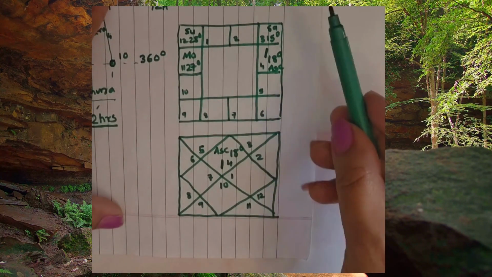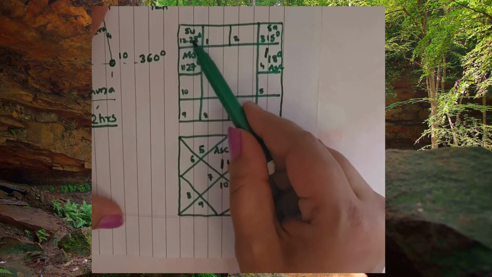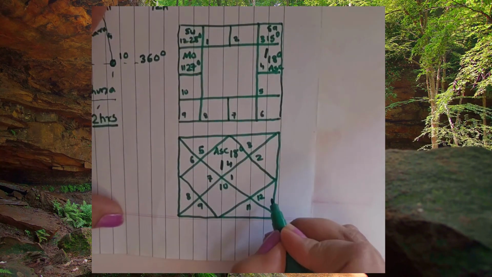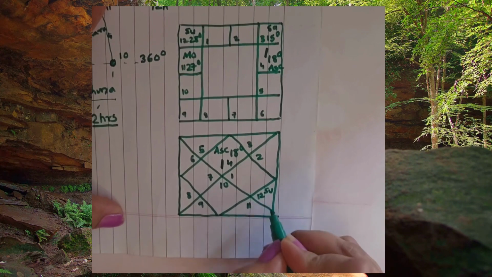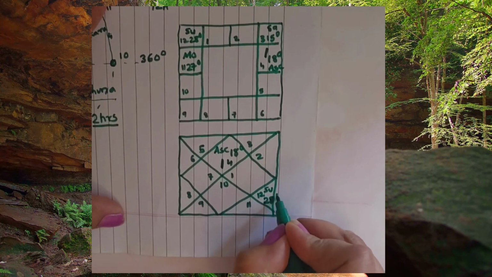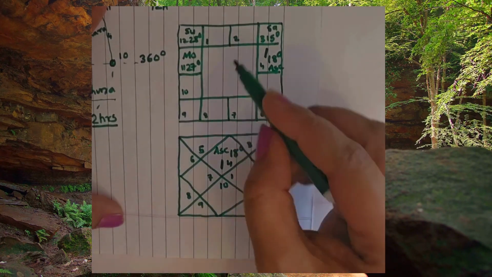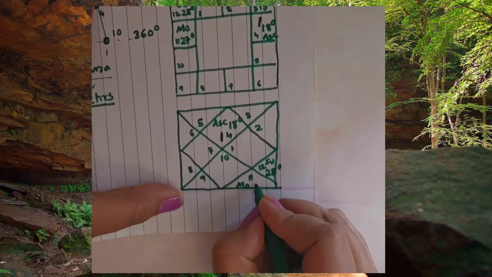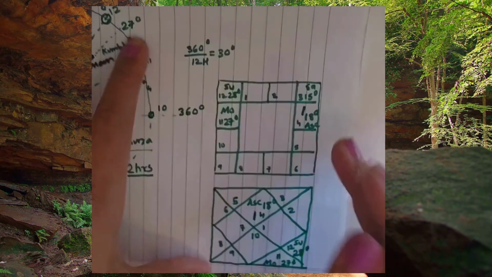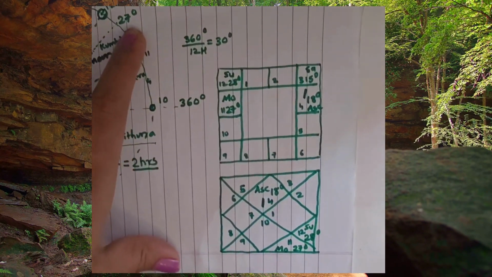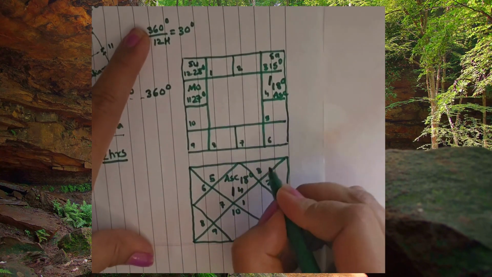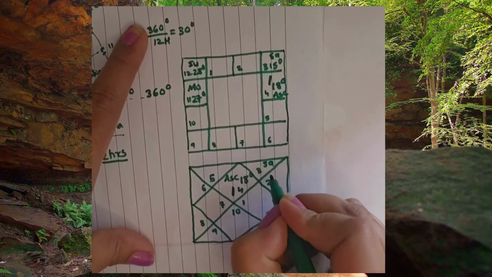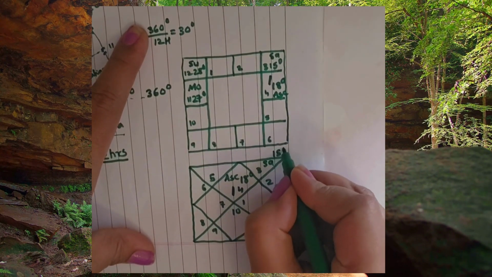Right? As we said, Sun is in Meena Rashi, 28 degrees. So Sun will be here, 28 degree. Right? Moon is Kumbha Rashi, 27 degree. So Moon will be here, 27 degree. And Saturn is 15 degree Mithuna Rashi. So Saturn will be here, 15 degree. Okay.